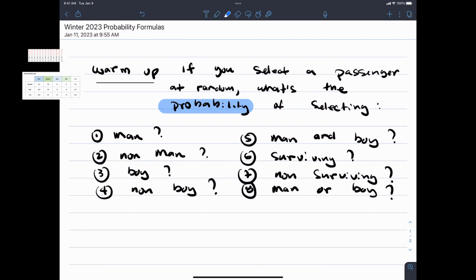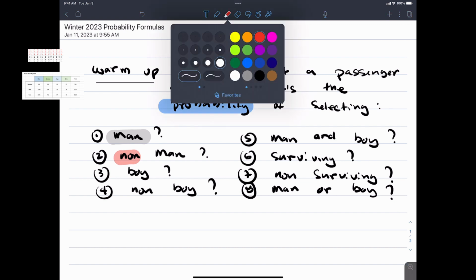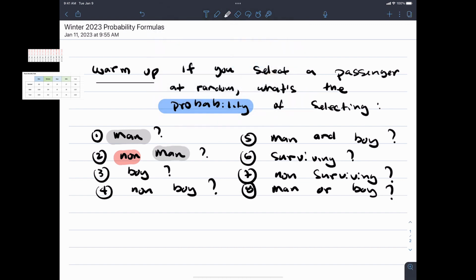What's the probability of selecting, what's the first question? A man. You guys okay with that? It's a probability question. This is your event, selecting a man. What does question number 2 say? Selecting a non-man.